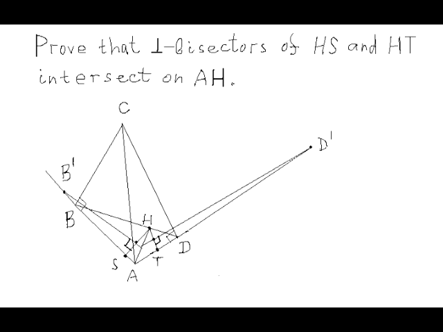The point of intersection of these two perpendicular bisectors is the circumcenter of the triangle TSH. Obviously, if this circumcenter lies on segment AH, then the radius drawn from that center to point H will be perpendicular to the side BD, which means that BD is tangent to the circumcircle.